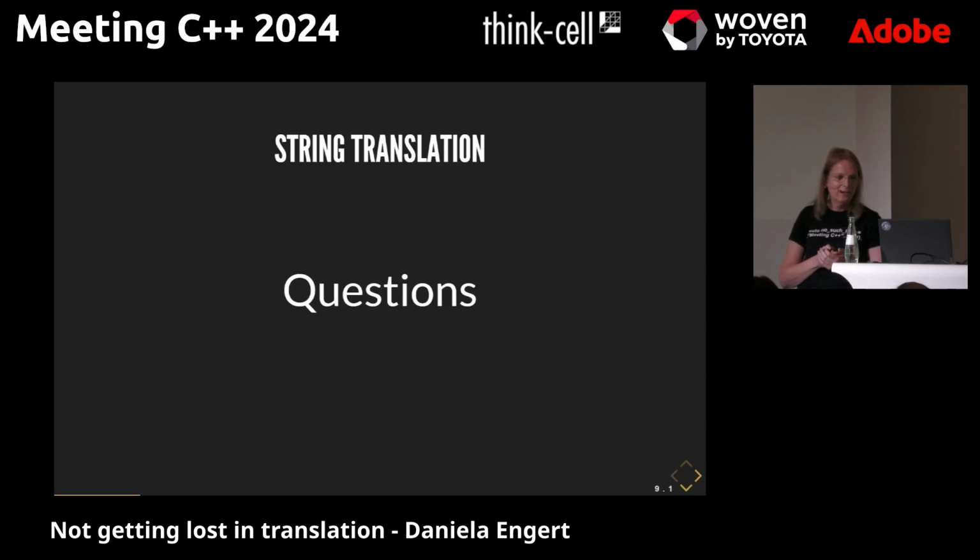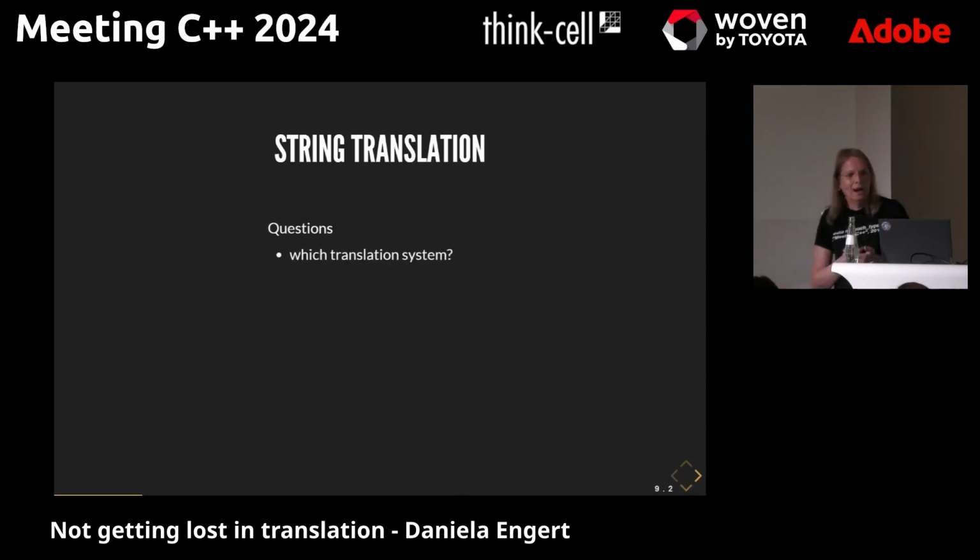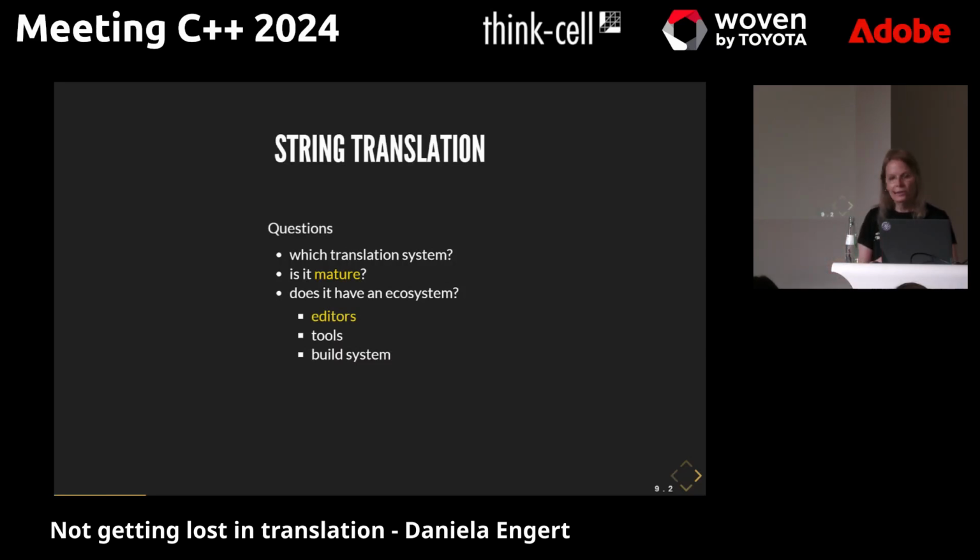The questions have been: which translation system should we use? Are there mature translation systems there? Is there an ecosystem around them, in particular editors and a build system? And does it fit into our existing code? Does it feel natural?